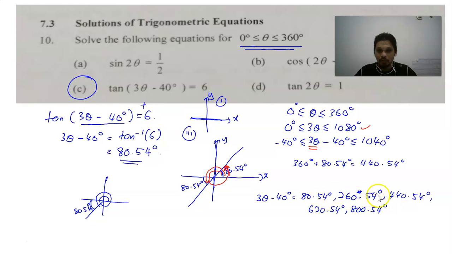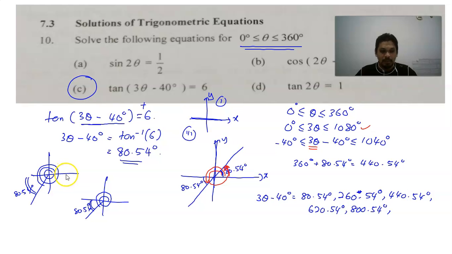Okay, just now, once a complete cycle 360, the second cycle 720, and then it is 720 plus with 80.54 here, but right now we end up at a third cycle here where this is the angle of 80.54 degree.